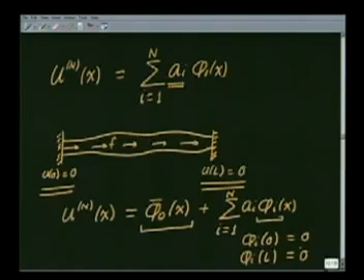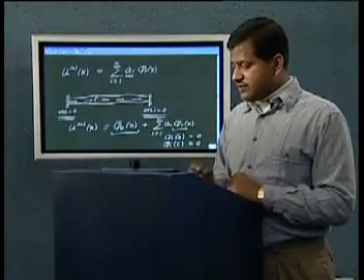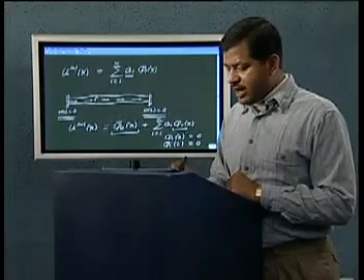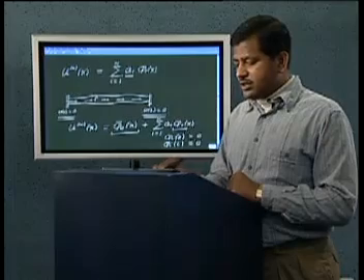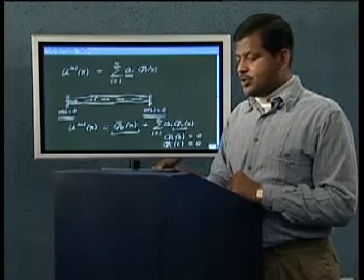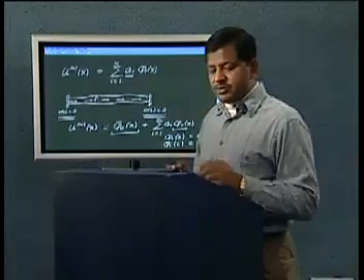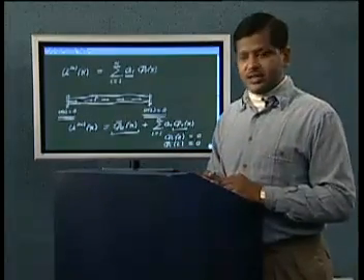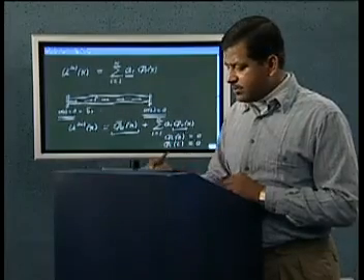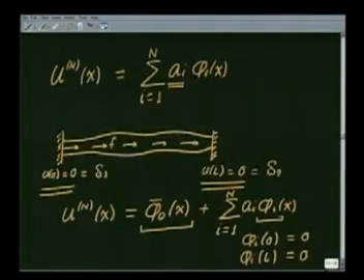So we are going to choose the phi i's in such a way that they satisfy the 0 condition at both ends, while the phi 0 bar takes care of the displacement condition at the two ends. You see that in all problems you may not have the 0 displacement condition. You may have this one as some number delta 1, this one as some number delta 2.